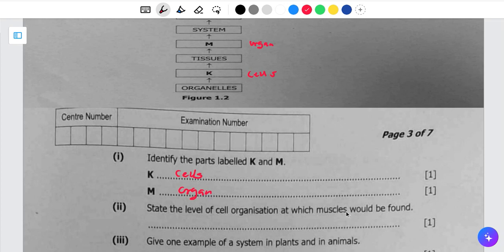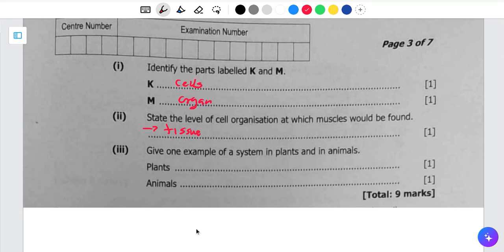Muscles contain cells, and these cells are many in number and perform similar functions. So a muscle is called a muscle tissue, because it consists of similar cells that work together to perform a specific function.